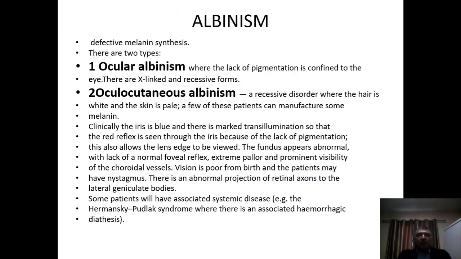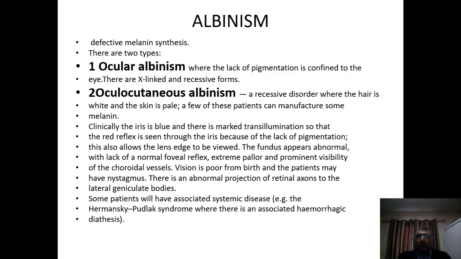The next subject is albinism, which is defective melanin synthesis, and it has 2 main types: ocular albinism and oculocutaneous albinism. Ocular albinism: lack of pigmentation confined to the eye, and there are X-linked or recessive forms. Oculocutaneous albinism: there is white or pale skin, with loss of the pigment melanin in the skin and in the eye.